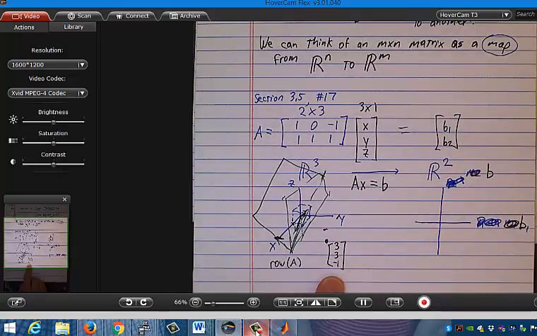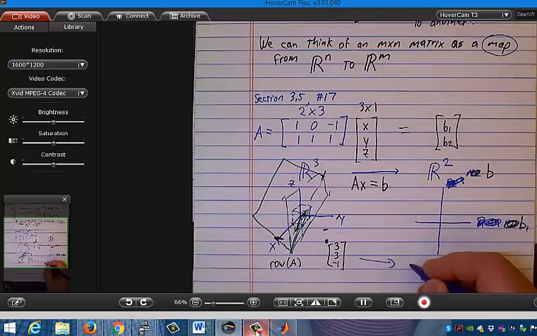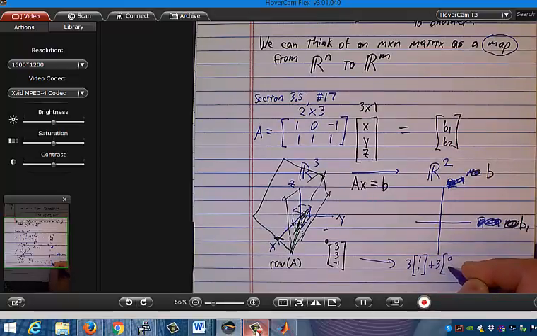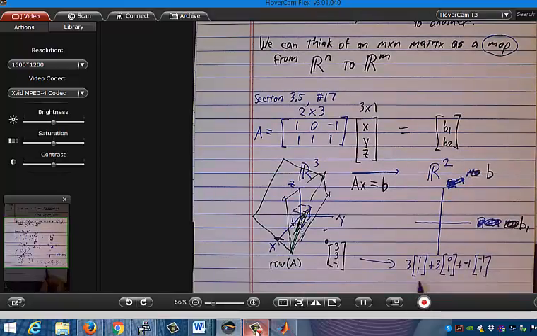So I asked you guys, where does 3, 3, negative 1 go? Well, I guess I could work it out, right? It gets sent to 3 of the first vector plus 3 of the second vector, plus negative 1 of the third vector. So let me work out what that is. 3 plus 0 plus 1.